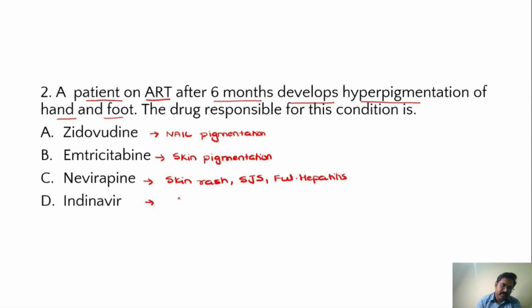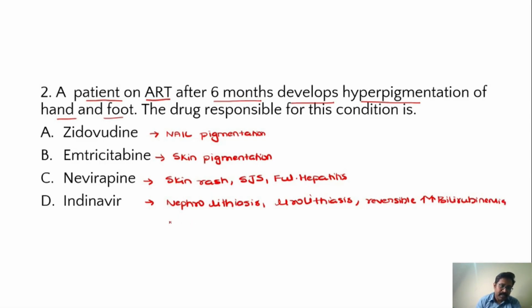Indinavir will cause nephrolithiasis, urolithiasis, and reversible hyperbilirubinemia.